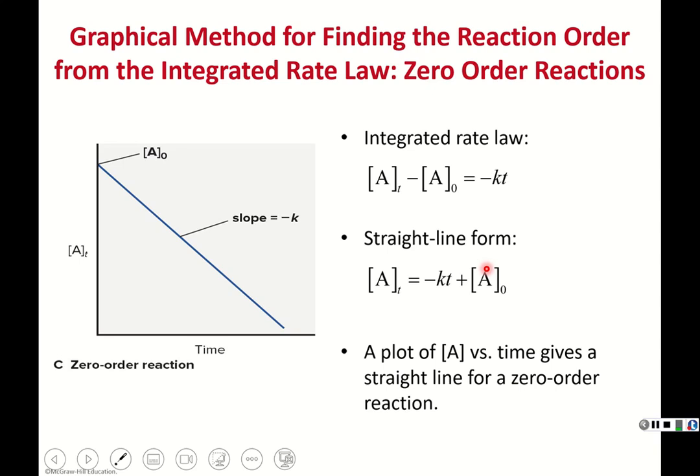And a zero order reaction would simply be plotting concentration versus time. Again, you can rearrange the integrated zero order rate law to give y equals mx plus b. The slope, just like first order, is going to be negative k, negative the rate constant.